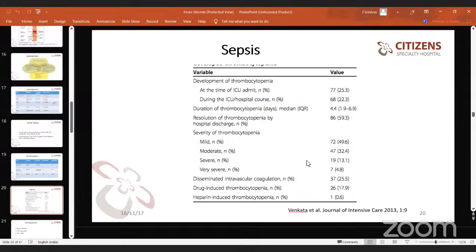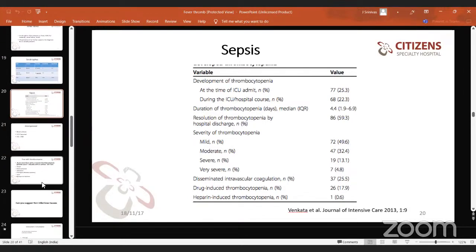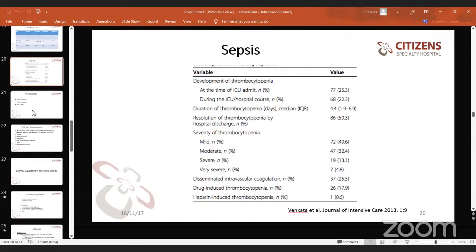Mild is almost 50%, moderate is 32%, 13% is severe, very severe is 4.8%, and usually around 25% is associated with DIC. Resolution of thrombocytopenia by hospital discharge is approximately 60%. So this is about sepsis.